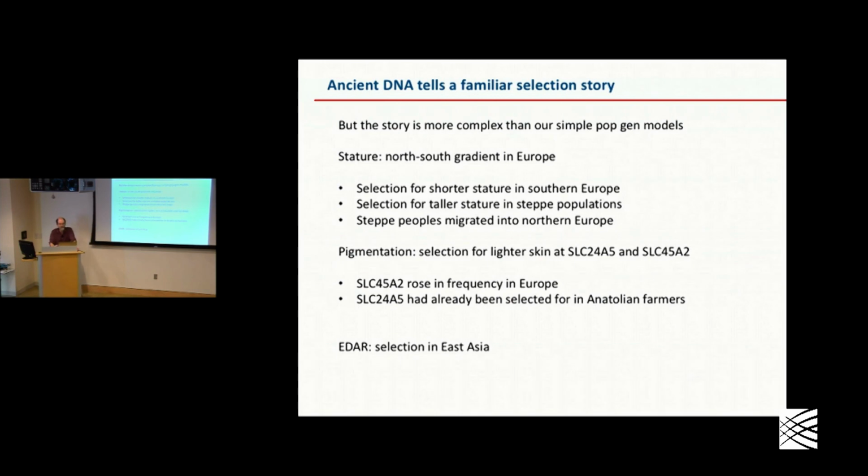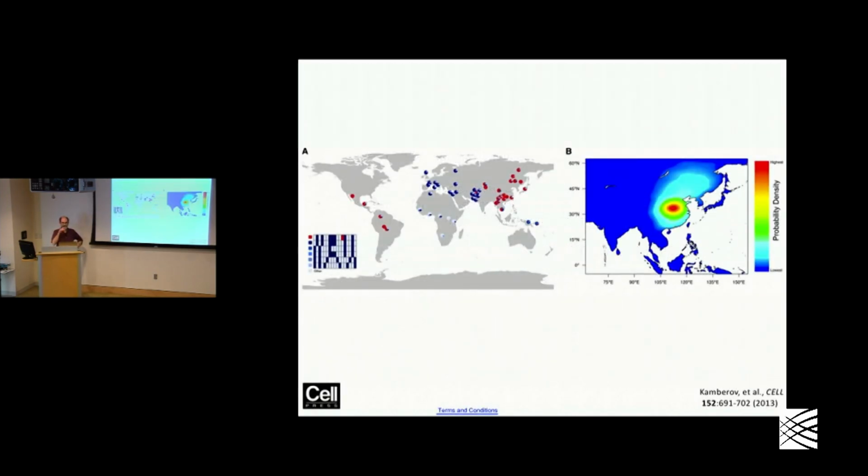Again, it doesn't fundamentally change what selection was for, but it's an important message that when we reconstruct the past, we have these nice models, and the models are often wrong. That was particularly the case for EDAR, which I just described, that selection in East Asia. And you're just looking at the map. This is from the original EDAR paper.